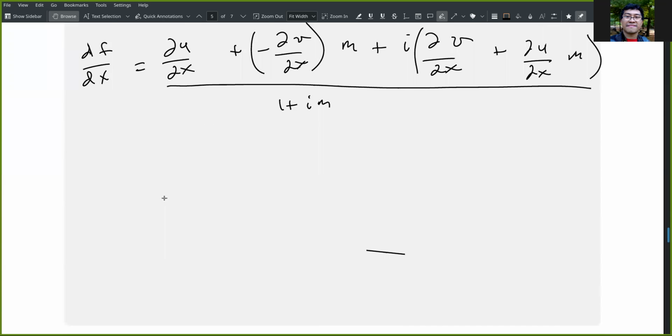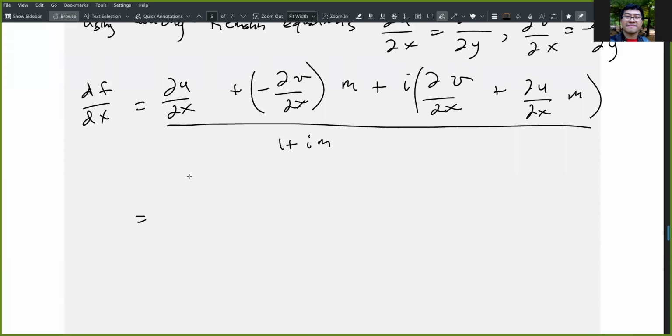And finally, we can group terms containing the same partial derivatives, partial u, partial x, and this partial v, partial x.